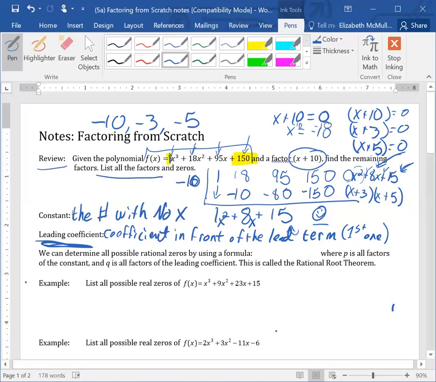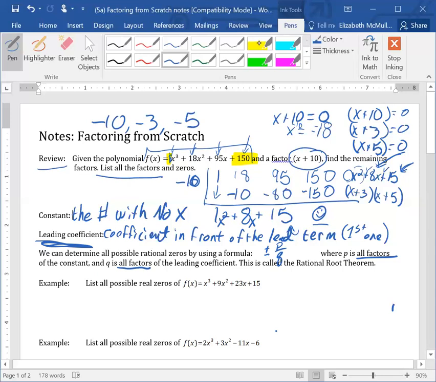So next, we can determine all possible rational zeros by using a formula, which is plus or minus p over q, where p is all factors of the constant and q is all factors of the leading coefficient.